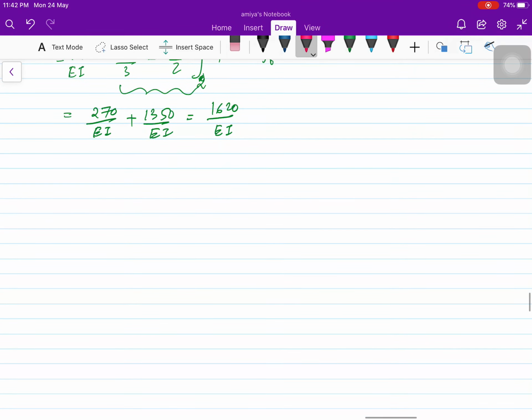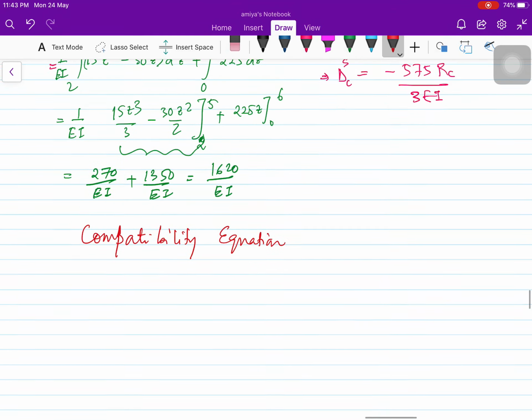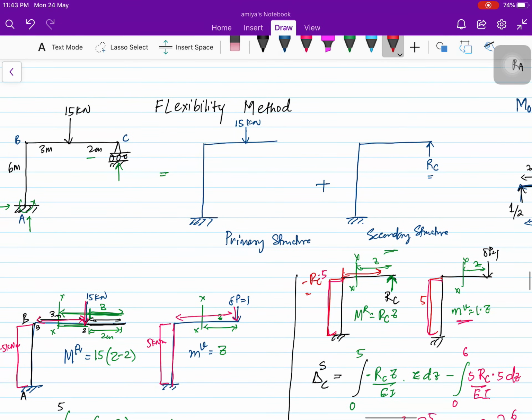So now for the flexibility method, at the end we have already divided this into two parts. So we'll be using compatibility equation. Because we have divided this into two structures, that means the deflection at C in both the cases we can add to find the deflection at C. So total, because it's a support here, it should be 0, right?